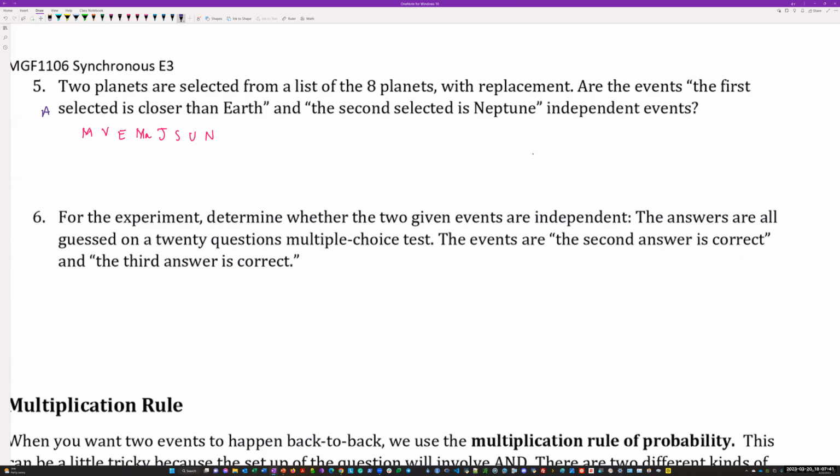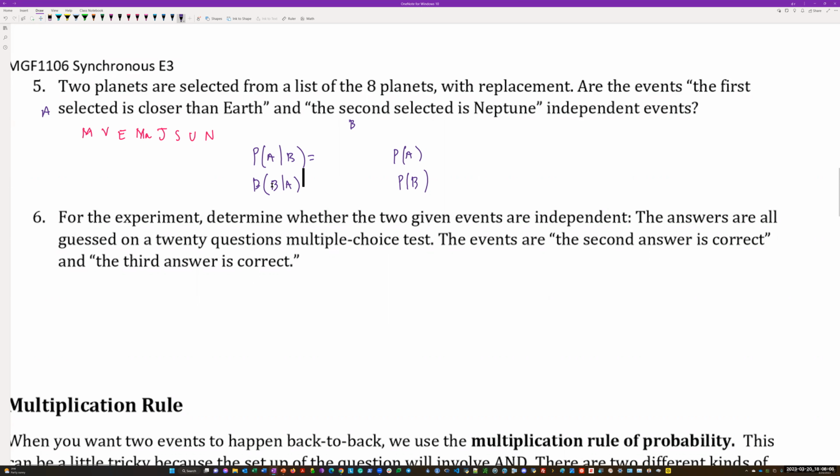Let's call this one A and this one B. Let's calculate the probability of A given B, the probability of B given A, and the probability of A and the probability of B. If they're independent, this would have to equal this, and this would have to equal this. Does that make sense?